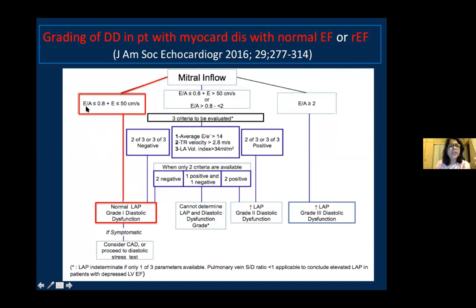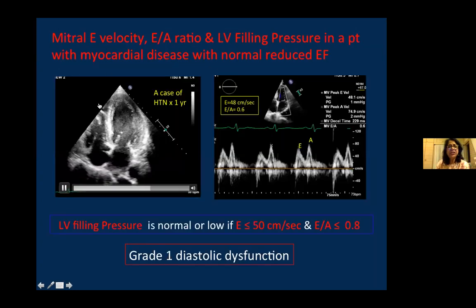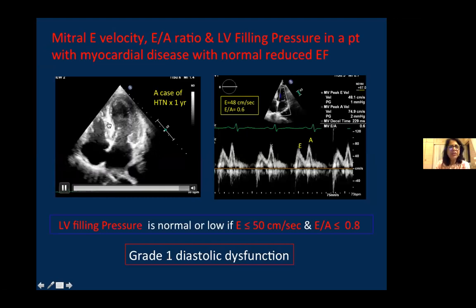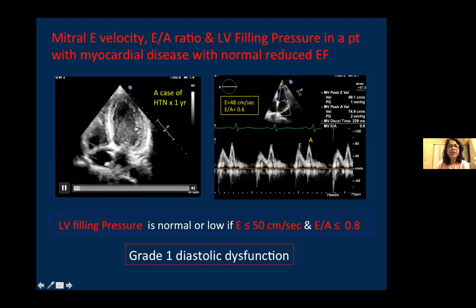So if your E by A ratio is less than or equal to 0.8 plus E wave velocity less than or equal to 50 centimeter per second, as happened in this case, who is a case of hypertension. As you can see, there is some hypertrophy, mild hypertrophy of the left ventricle.